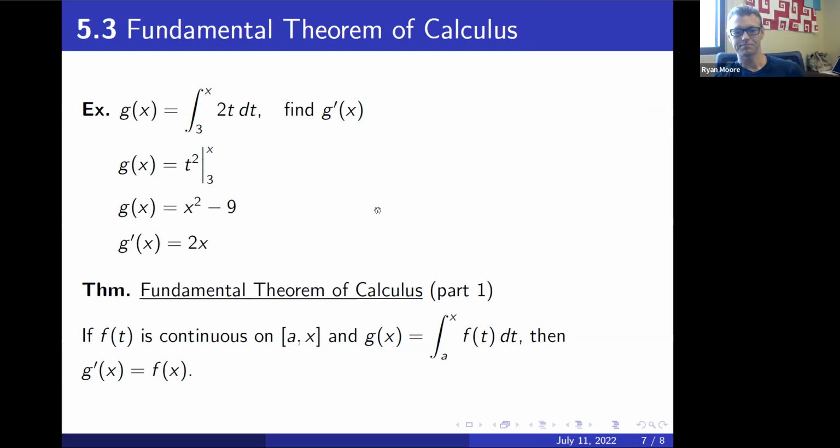All right. So what we're saying is our f of t, that was our 2t here. If we want the derivative of g, the derivative is simply going to cancel out the integral, and it's going to give us that function here. It's like doing a derivative on both sides. Well, this derivative on the right side cancels the integral, and we end up with f of x just because of the nature of the way the variables change.